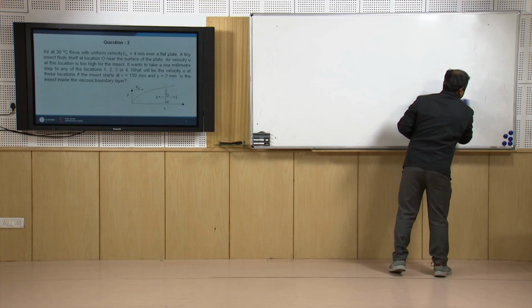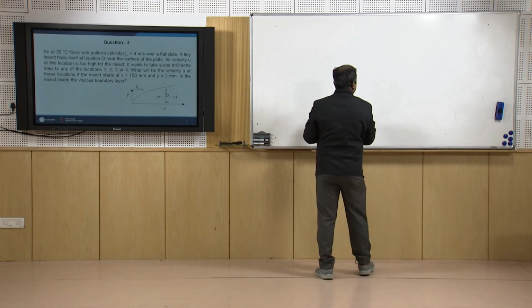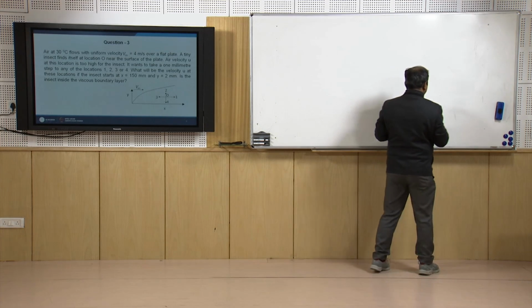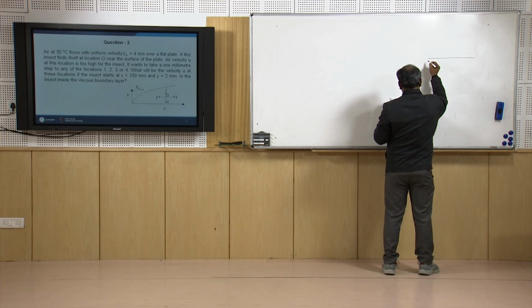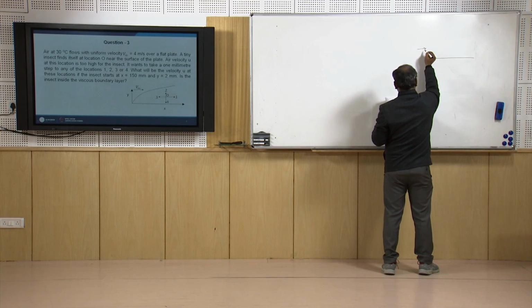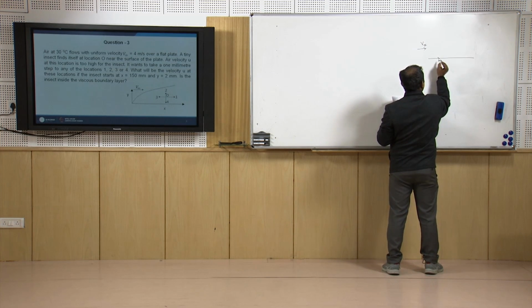As I said, we actually have flow over a flat plate. Let us say this is the case, we have a flat plate like this and there is some sort of inflow. Let us say the inflow velocity is V infinity, and this is my x direction, and this is my y direction.